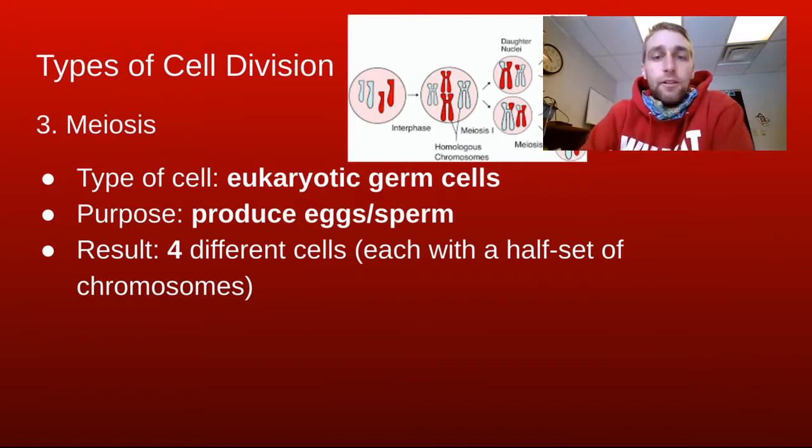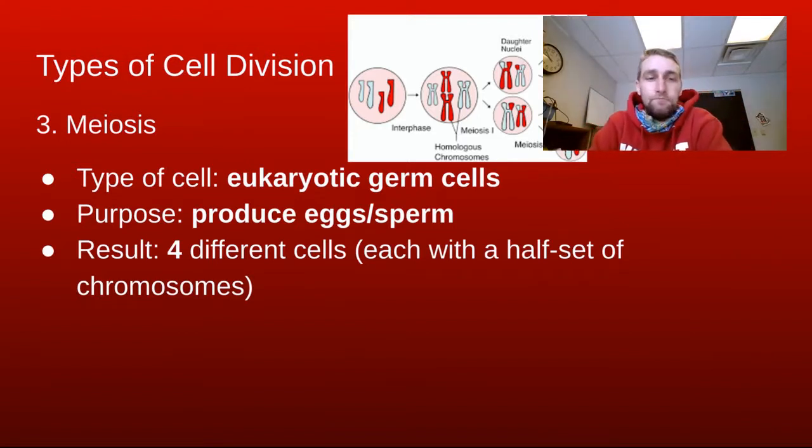Last type of division, that we will not talk about today but we'll see in a future set of notes, is meiosis. And meiosis is also done by eukaryotic cells, but it's done to produce sex cells, so eggs and sperm. And a couple things that are different here: instead of 2 cells, you get 4 cells, but those 4 cells each have a half set of DNA.